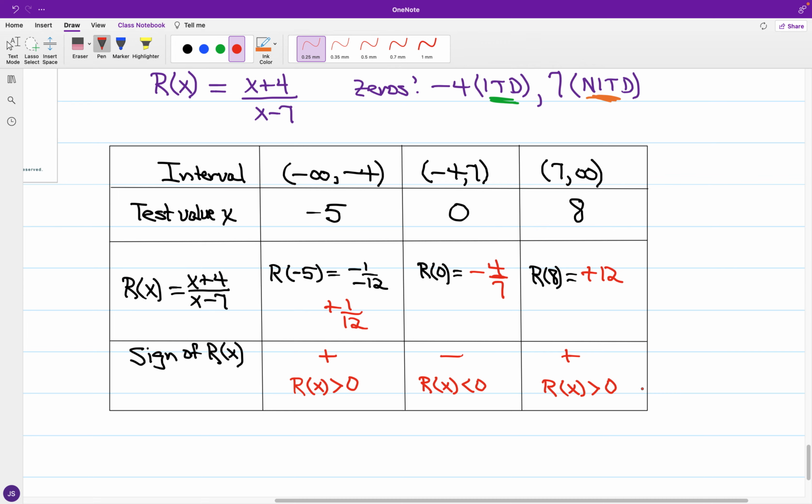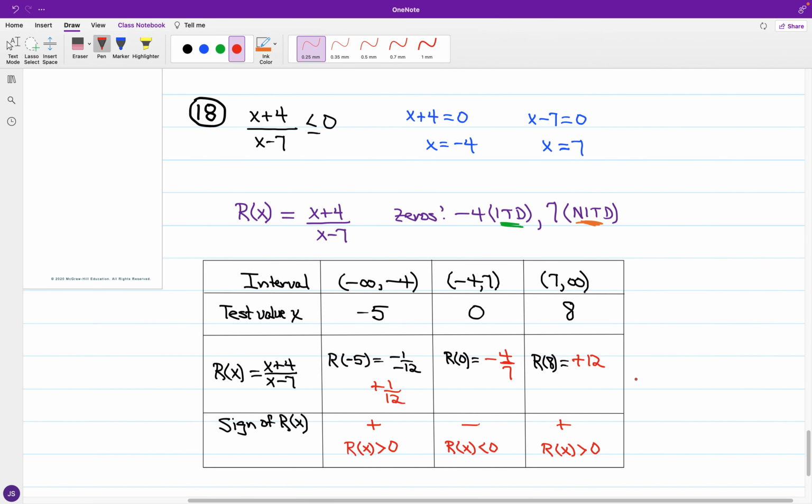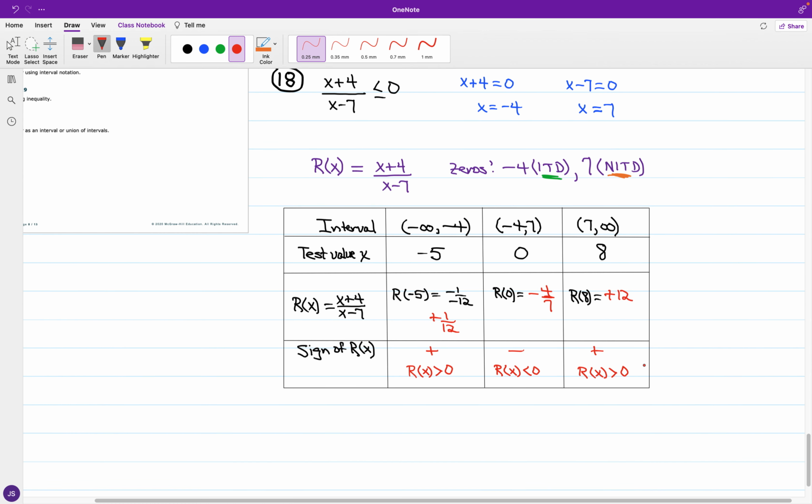Okay, so going back to our inequality, x plus 4 over x minus 7 is less than or equal to 0. Again, that's referencing r of x is less than or equal to 0.